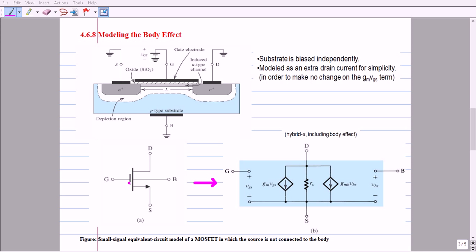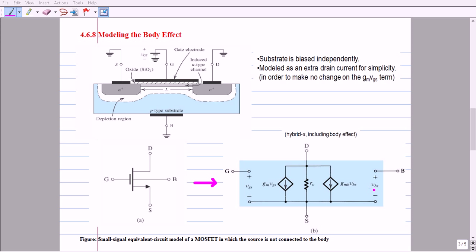Now, to model the body effect, let us consider the MOSFET circuit symbol shown in figure A. Notice that the MOSFET shown here has four terminals: gate, drain, source, and the body. Figure B shows the MOSFET circuit symbol including the small signal equivalent circuit model of a MOSFET with body effect.